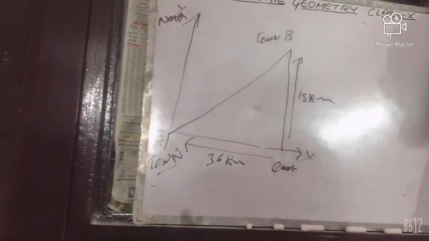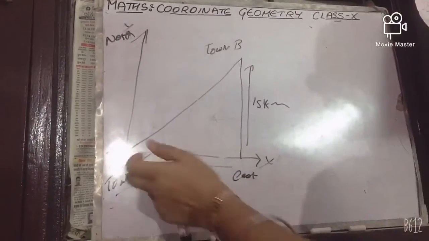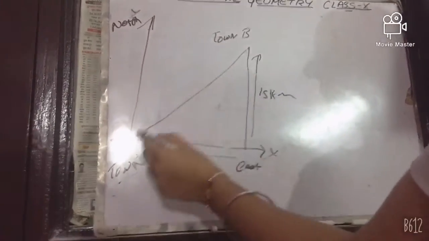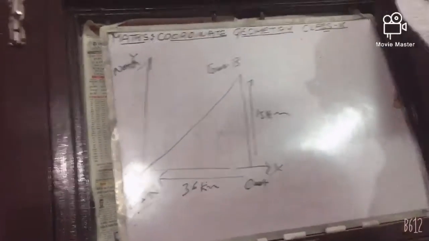This means this question is asking how will we calculate AB? How will we calculate the AB distance?